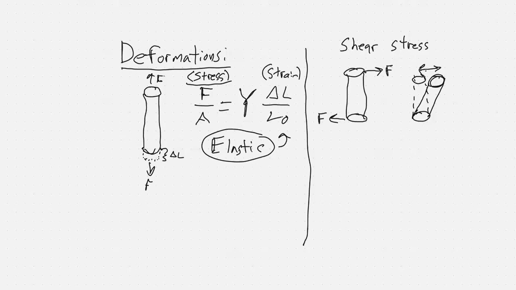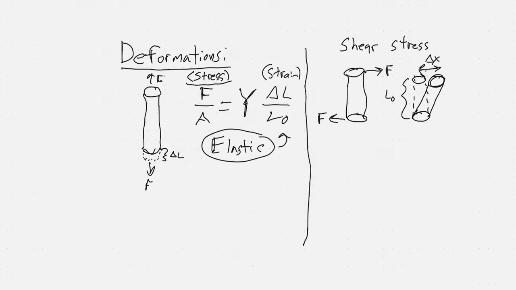And we'll call that delta x. And we'll still call this L naught. All right. And in this case, instead of having Young's modulus, you have the shear modulus, and the equation looks exactly the same.